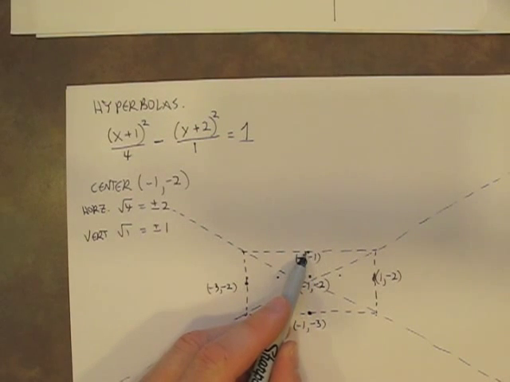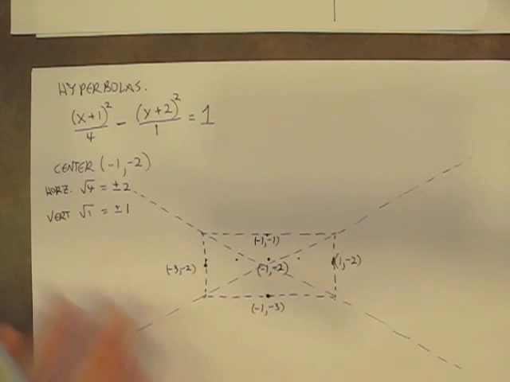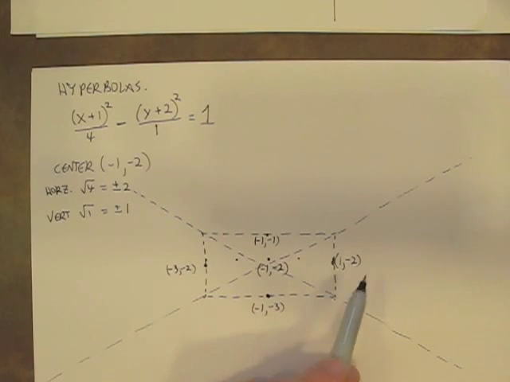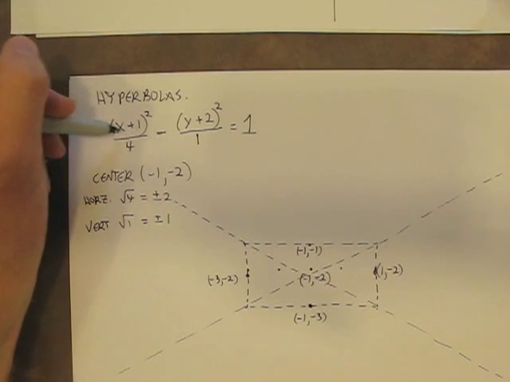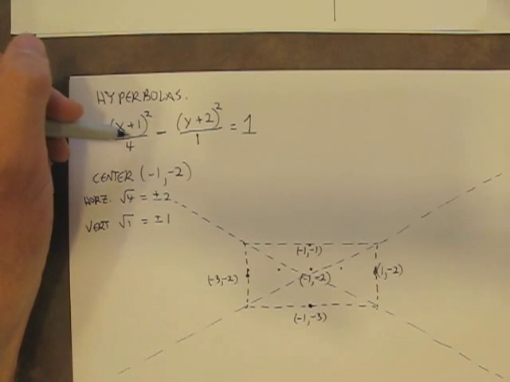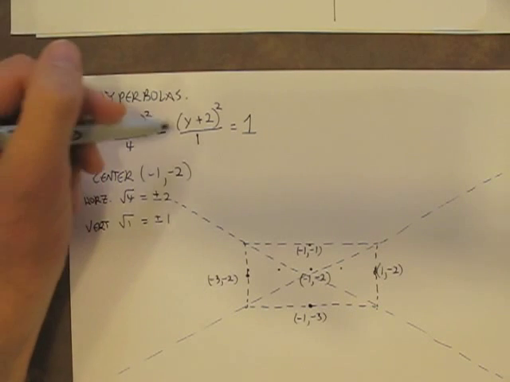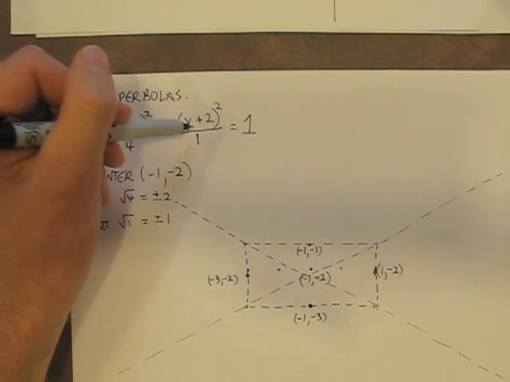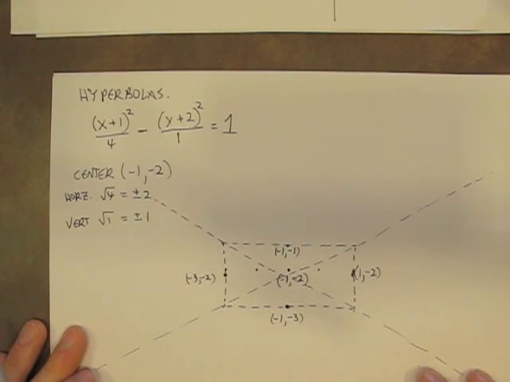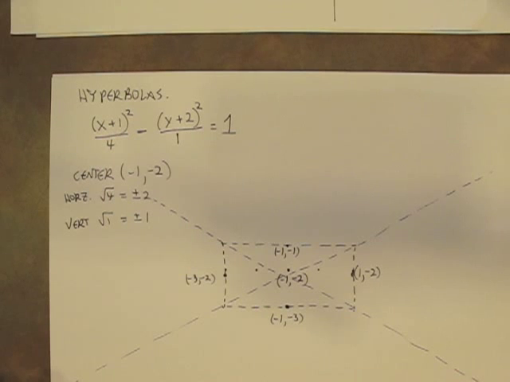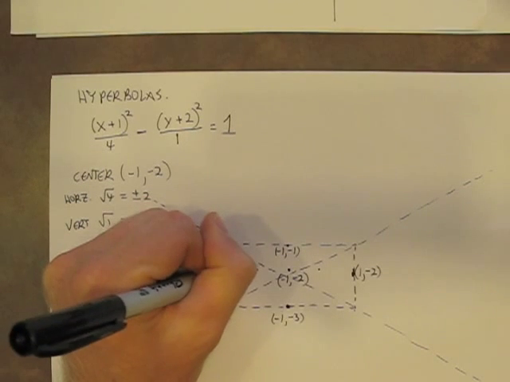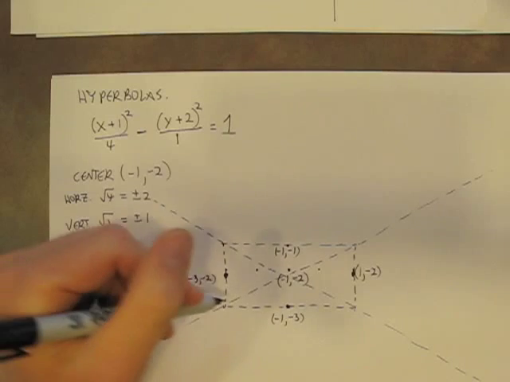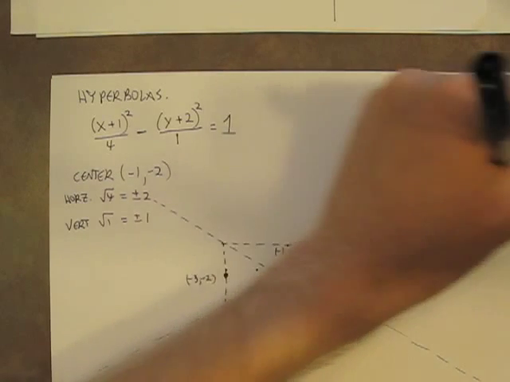This point is not on the hyperbola. Let's try this point, 1 comma negative 2. I plug in 1 plus 1 is 2, squared is 4, divided by 4 is 1. Plug in negative 2, and I get 0. So by plugging and checking, there's other ways I can figure it out, but by plugging and checking, I know that this is a vertex, and this is a vertex. So it's going to open this way and that way.